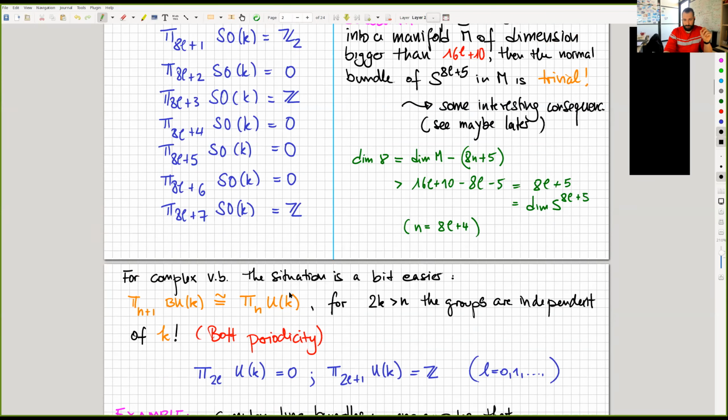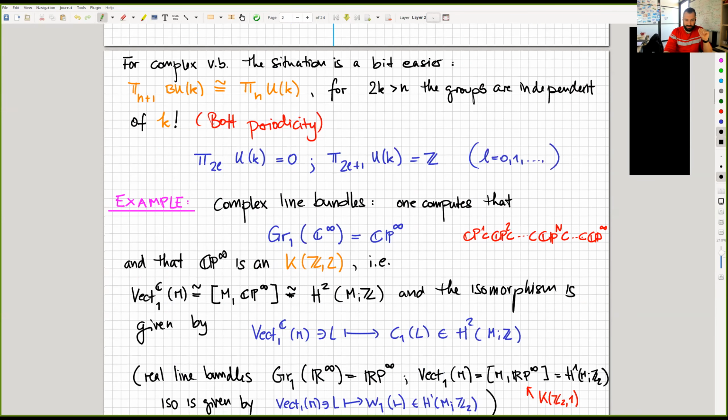Okay, let me state another example of these classifying spaces. So this concerns complex line bundles, which are very omnipresent in algebraic geometry, or in complex geometry, let's say. So maybe you know what CPN is.